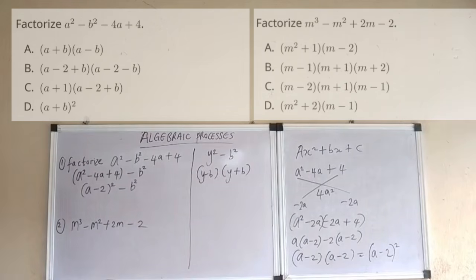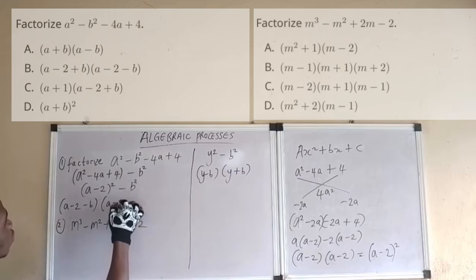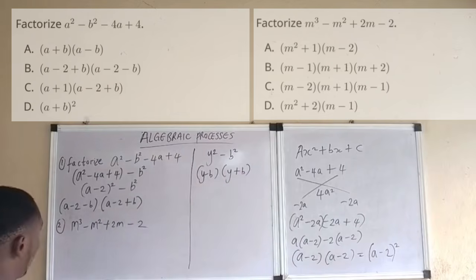What you are going to be having is a minus 2 minus b. That's the first part. Then times a minus 2 plus b. Do you see it? So we have expanded it in this form. If you look at it very well, the correct answer is option B. The correct answer to this question is option B.